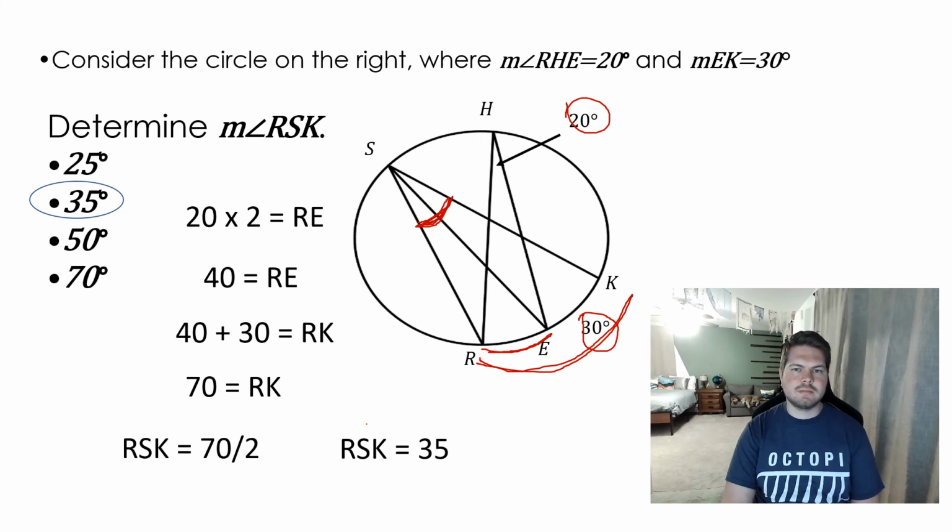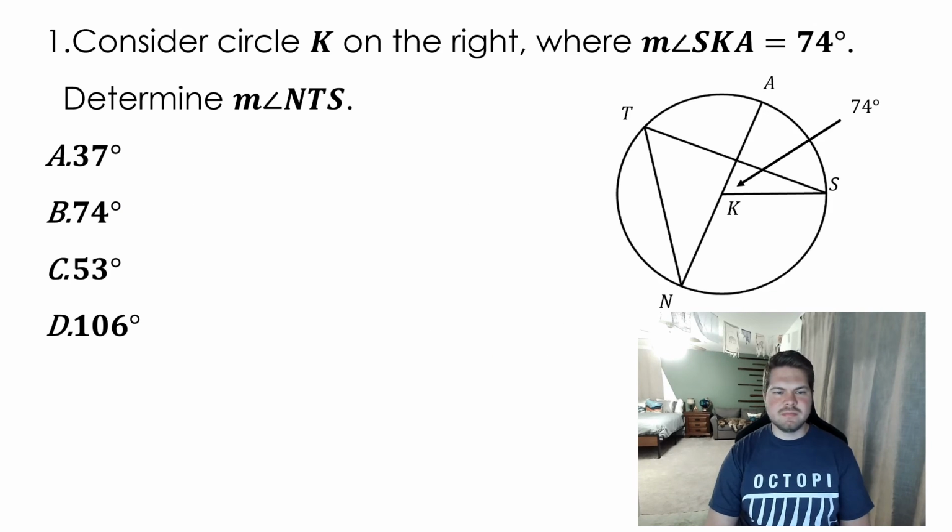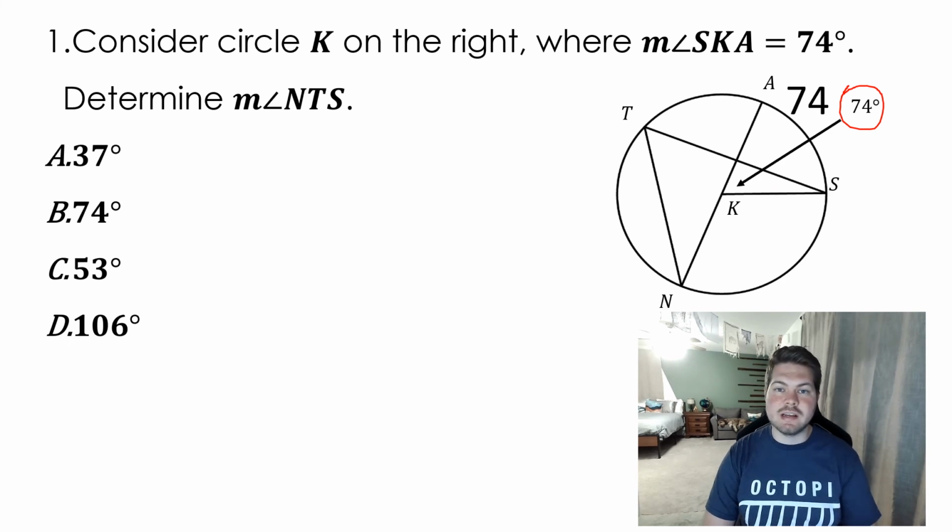All right, so we know that SKA is 74 in this problem right here. And so if you remember, we know that the outside arc length here is 74 because K is a central angle. And again, that's one of the differences in central angles versus inscribed angles.